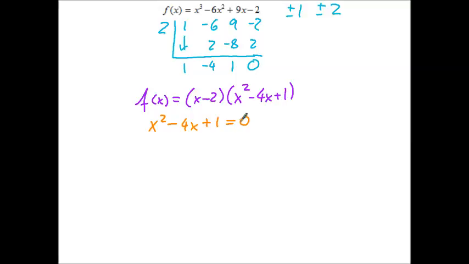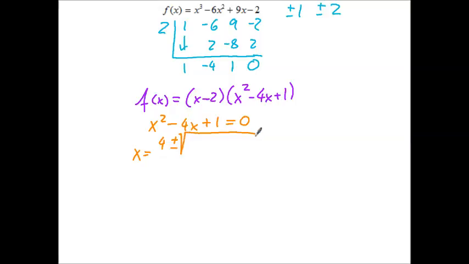We could use the quadratic formula or completing the squares. In this case, I suggest we go ahead and use the quadratic formula. We get x has to be equal to 4, the opposite of b, right?